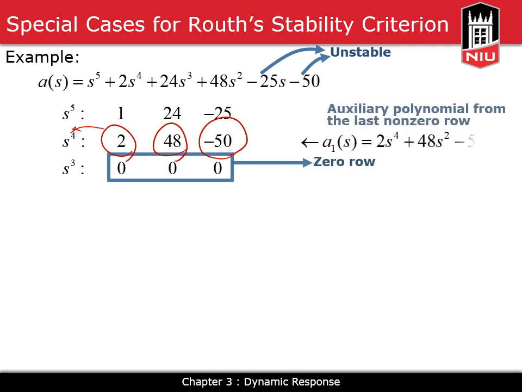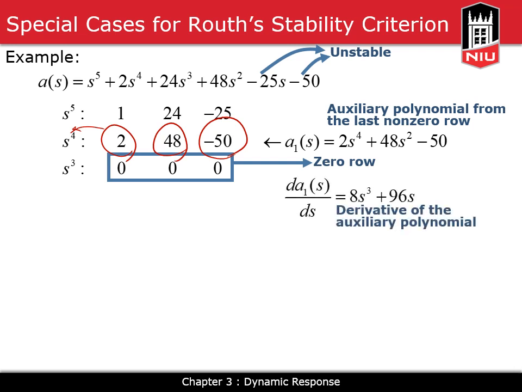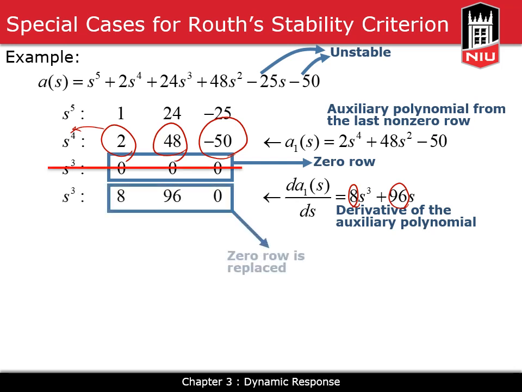So, row of zeros, auxiliary polynomial, take its derivative, use the coefficients of this, which are 8 and 96, to replace the row of zeros.